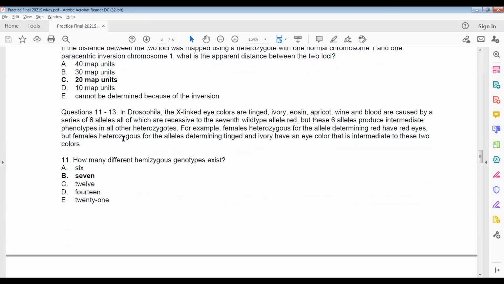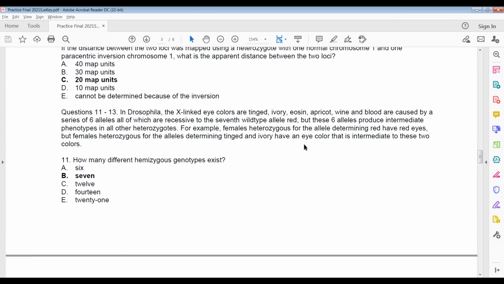Okay, next question 11 to 13. So we have a Drosophila, the fruit fly, and one gene is X-linked, and this gene will determine the eye color. So we have six alleles.